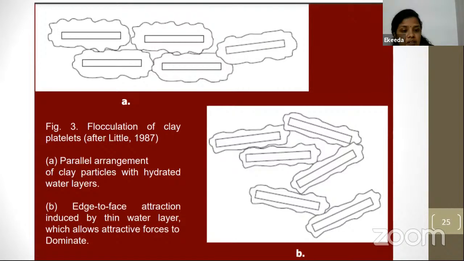This figure shows the clay particles having water molecules around them. The parallel arrangement of clay particles with hydrated water layers, its face-to-face attractions by a thin water layer, allows attractive force to dominate, and thus the water along the soil particles will get attracted towards the cathode.